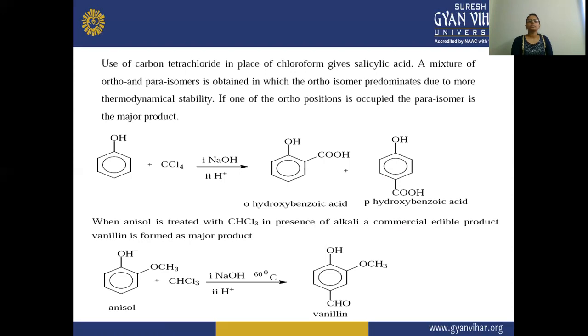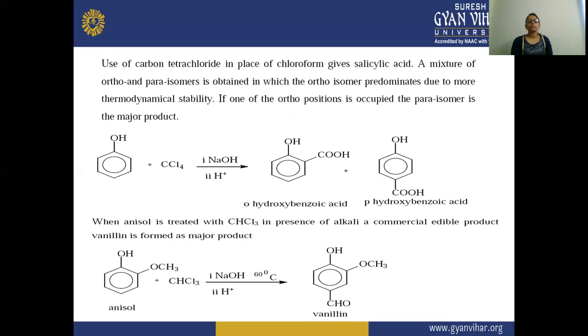So here in the next step, when anisole is treated with chloroform in the presence of alkali, a commercial edible product, vanillin, is formed as the major product. So here we have taken a phenol with the methoxy group attached.